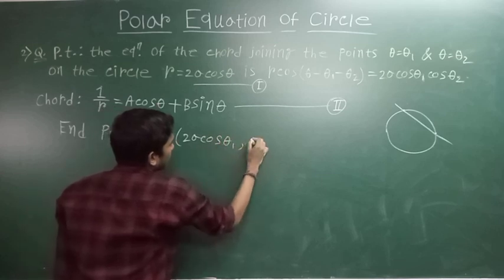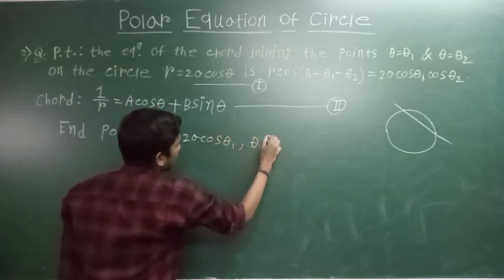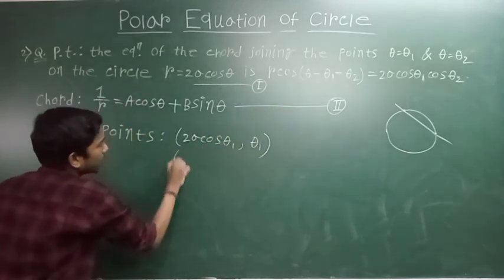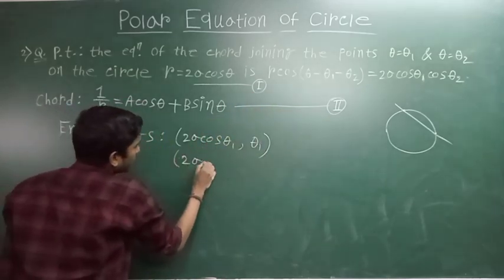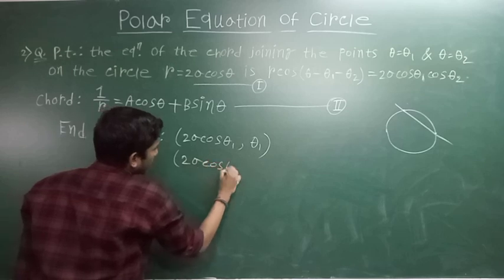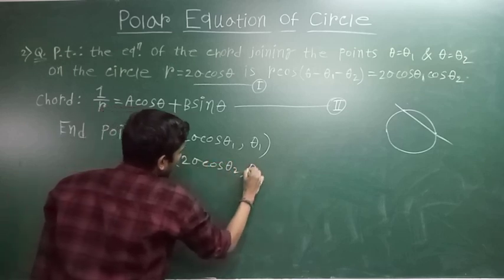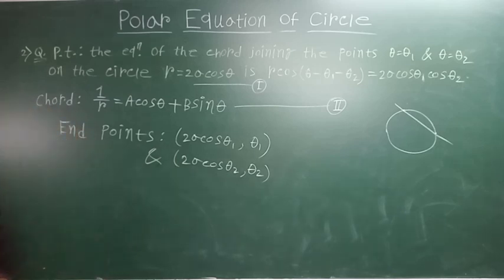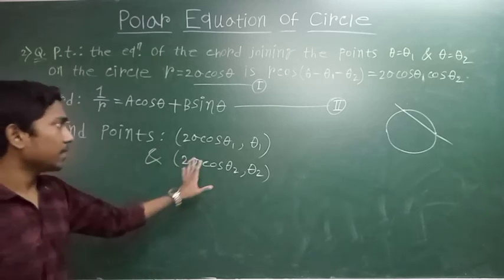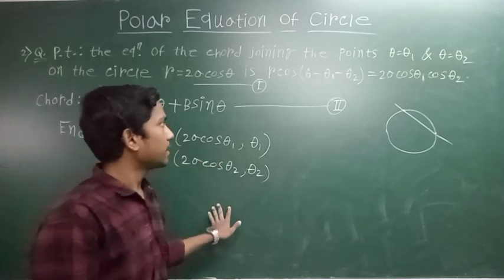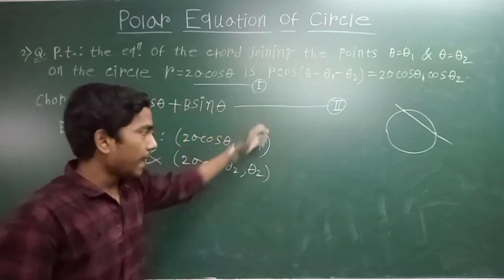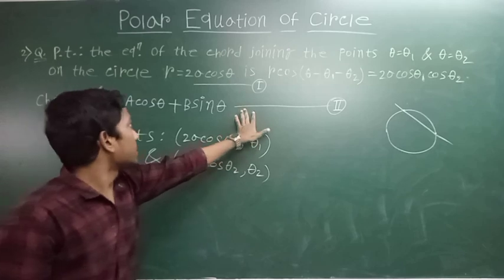So the end point is 2a cos theta 1 comma theta 1, and corresponding to vectorial angle theta 2, we get the end point is 2a cos theta 2 comma theta 2. Okay, these are 2 end points of the chord. Now since these are the end points of the chord, they lie on the chord, so they will satisfy equation 2, and we'll put these values in equation 2.